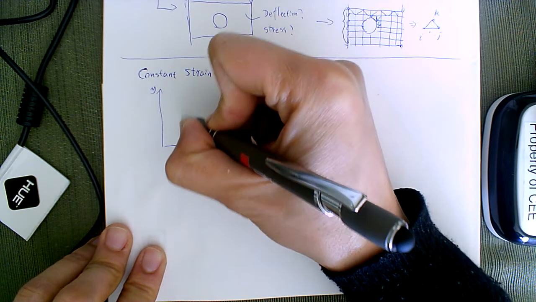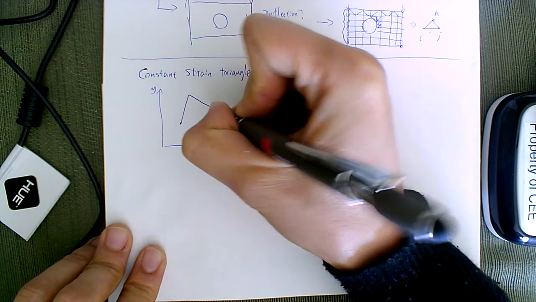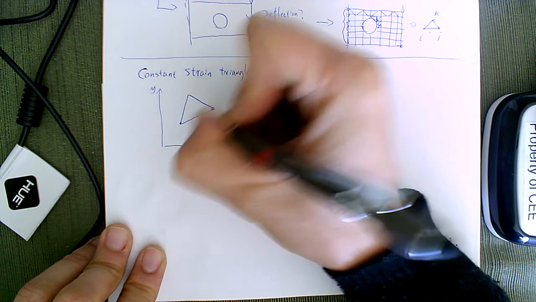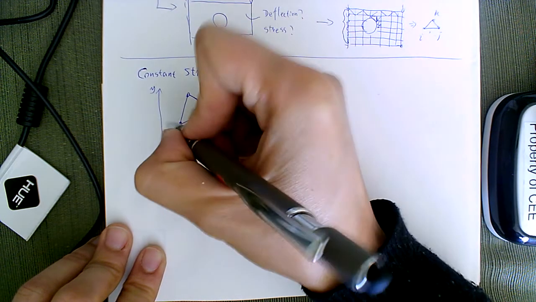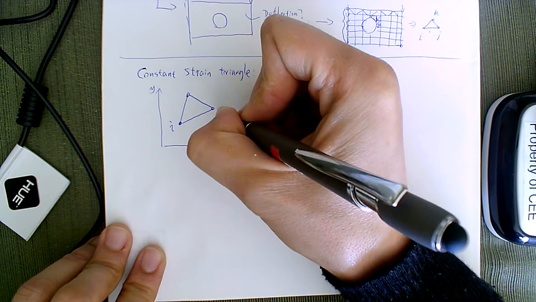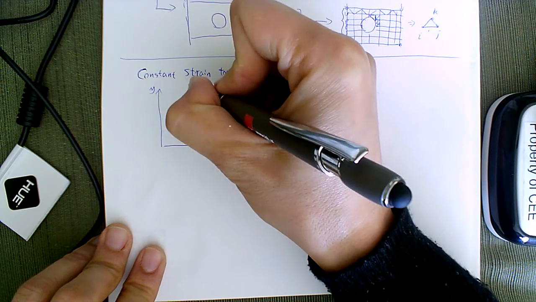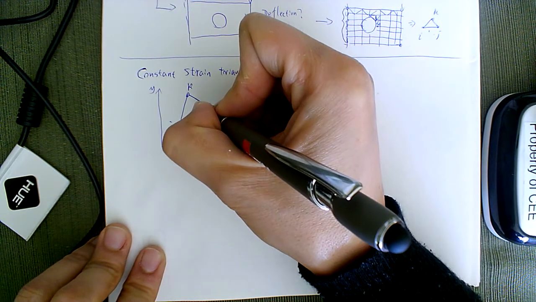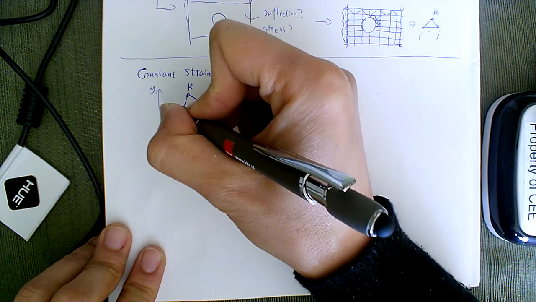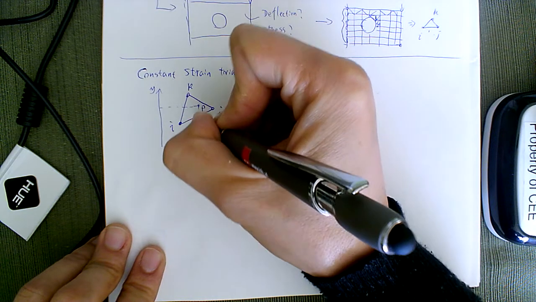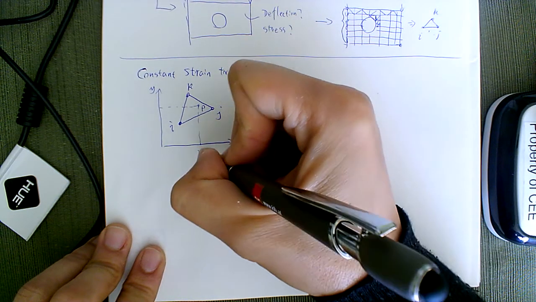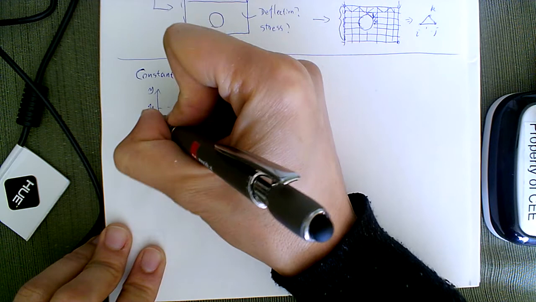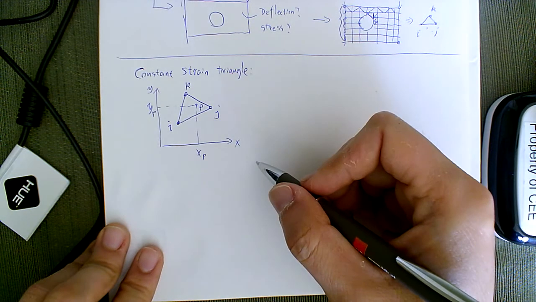And then it has 3 nodes, and basically we'll name them I, J, and K, okay? And now we'll worry about a point P inside it. It has xP and yP as its coordinates.